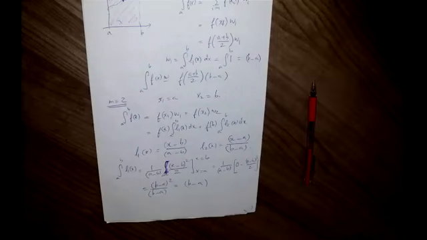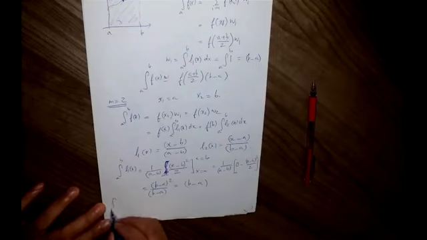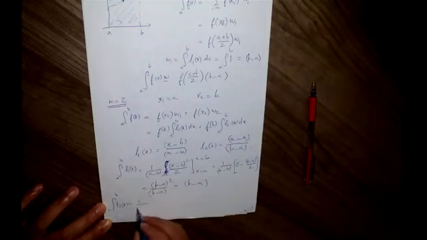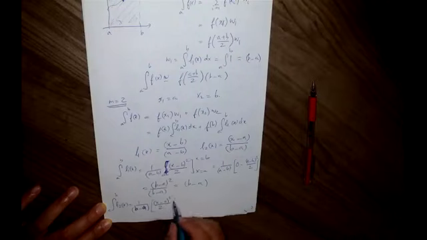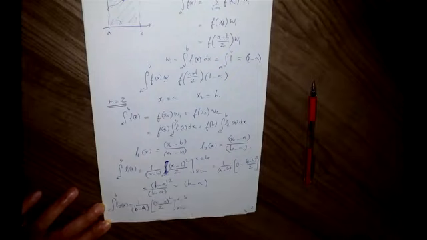And then you can do the same for the integral of L2. So the integral of L2 will be 1 over b minus a, and x minus a, so it will be x minus a squared over 2, with x from a to b.